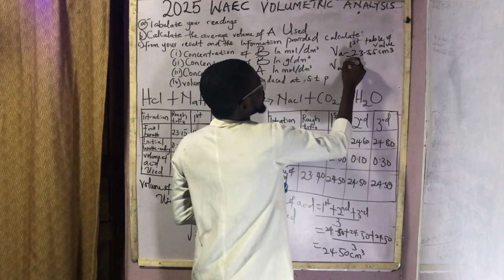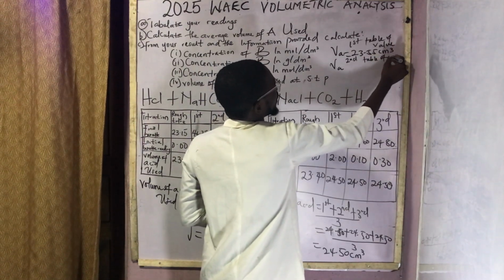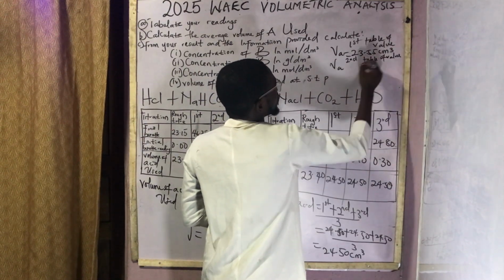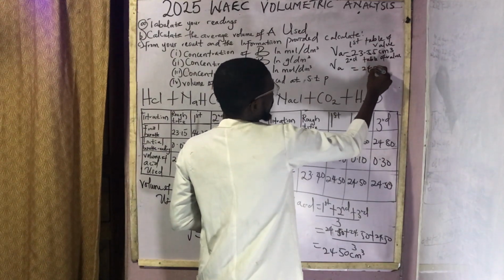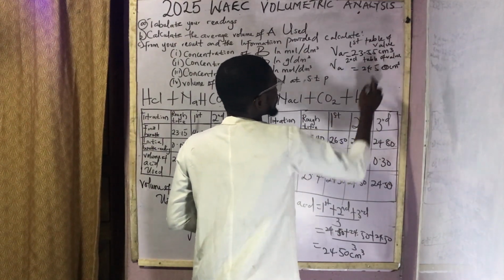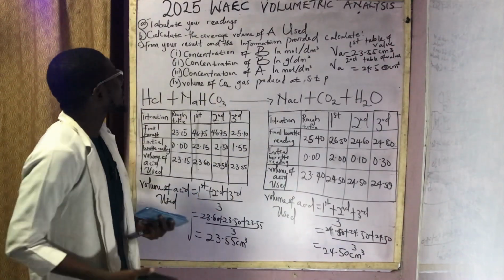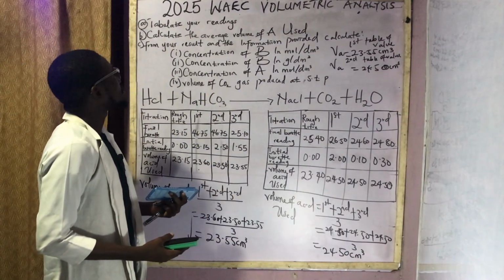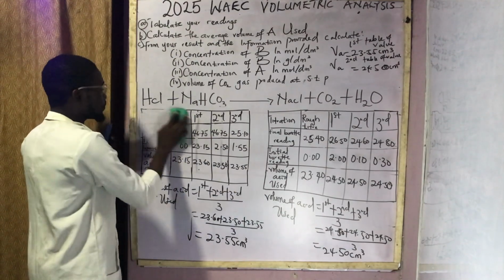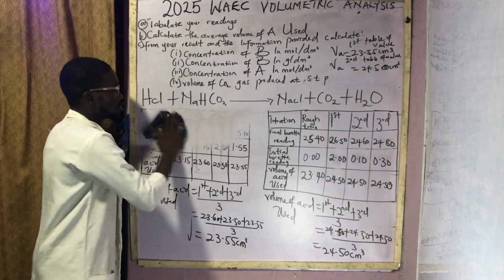Then VA for the second table of values is 24.50 cm cube. So now let's go back to the calculation.